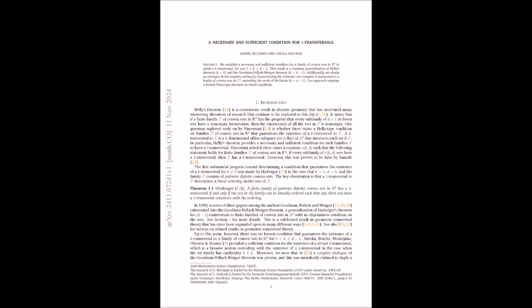So we're not just randomly assigning points to these shapes. We're doing it in a way that maintains crucial information about how they're all arranged. Exactly. If we can find such a set of points in a lower dimensional space that satisfies this dependency consistency condition, then we're guaranteed to have a k-transversal in the original space.